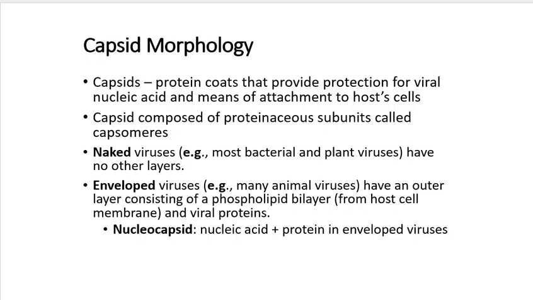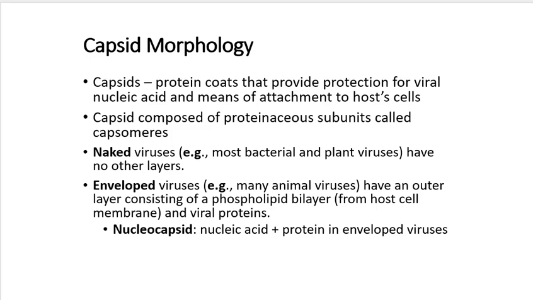Then you do have enveloped viruses, which many of the animal viruses are, and they do have an outer layer that has a phospholipid bilayer from the host cell. We'll talk about it. So when they get released from your cell, they are released with your own cell membrane, which makes it harder to find them, and viral proteins.